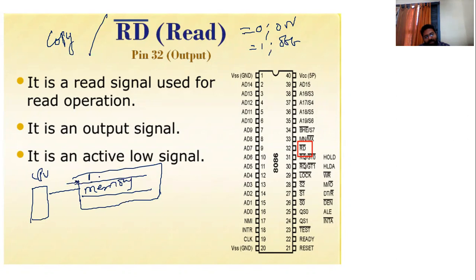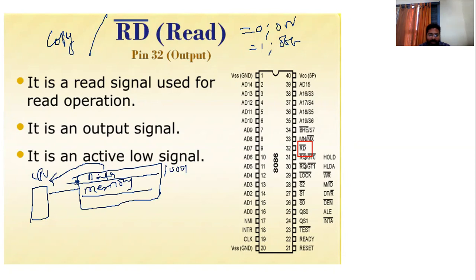For suppose this data is available, so for this data, address 1001 is generated. So the microprocessor comes to this location, and this location has some data.